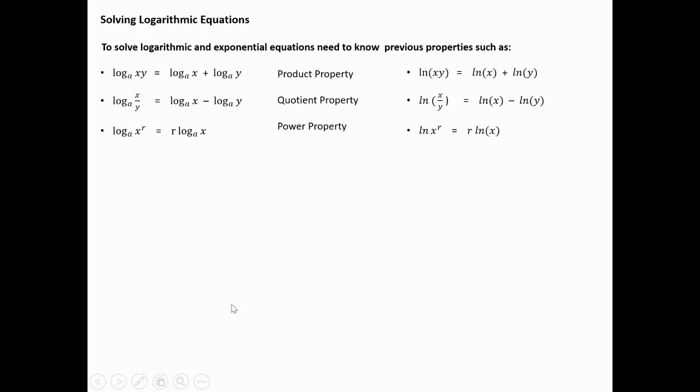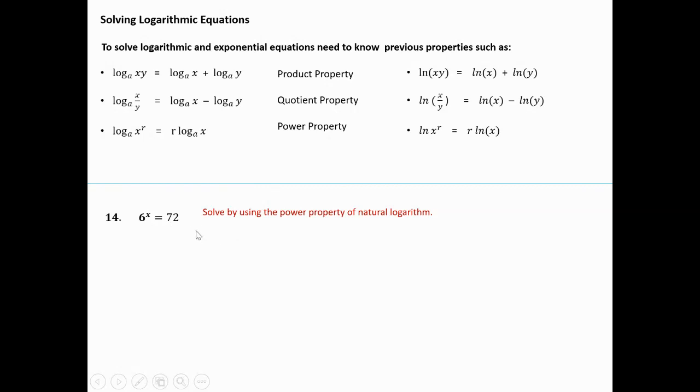Okay, now we're going to be solving logarithmic equations. So if we notice, we're going to take the natural log of both sides, because this right here we cannot execute. We cannot put them as the same base.